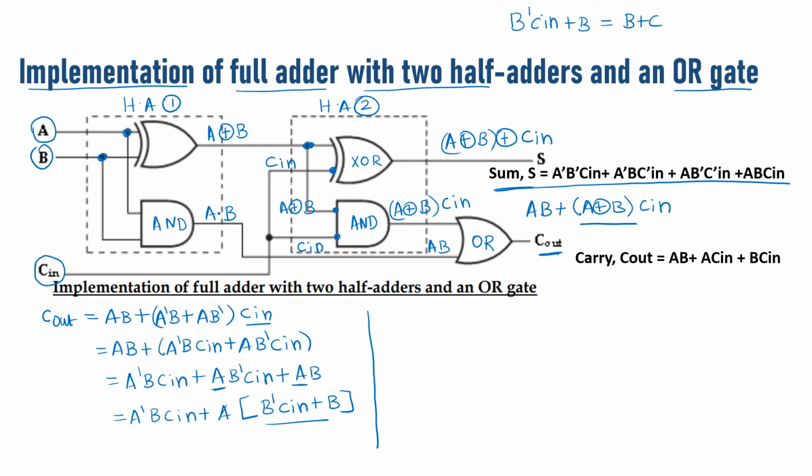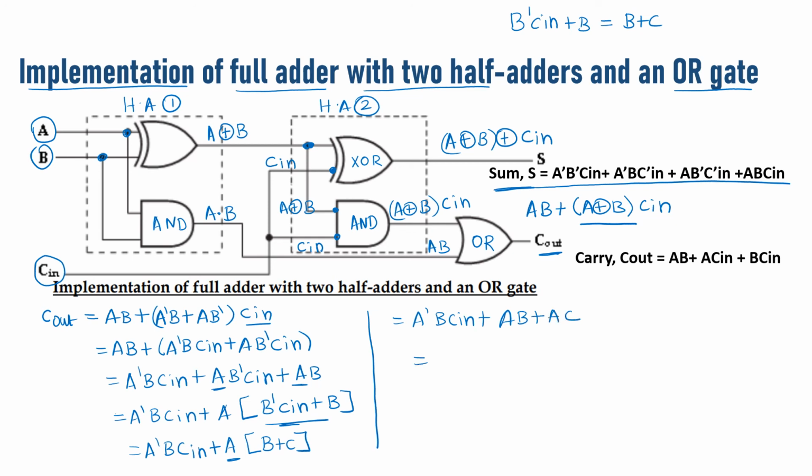So I can rearrange this, and A dash B C in plus A I can rearrange in the form of B plus C in. Further, if I multiply this A inside, it gives AB plus AC in.